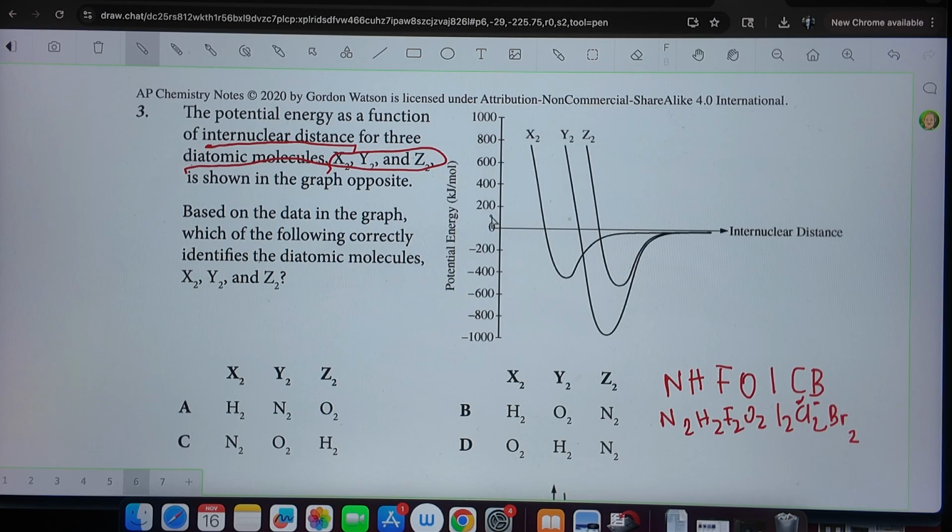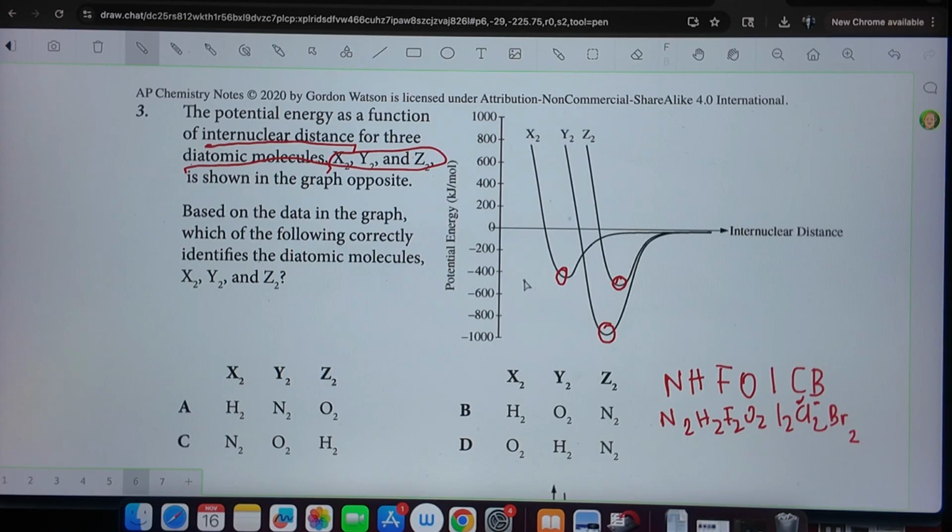And so the graph shows the diatomic molecules and how their potential energy changes for their bonds. What it shows off the bat is this one ends up here, this one is down here, and this one is here. I would think that's the most important information.